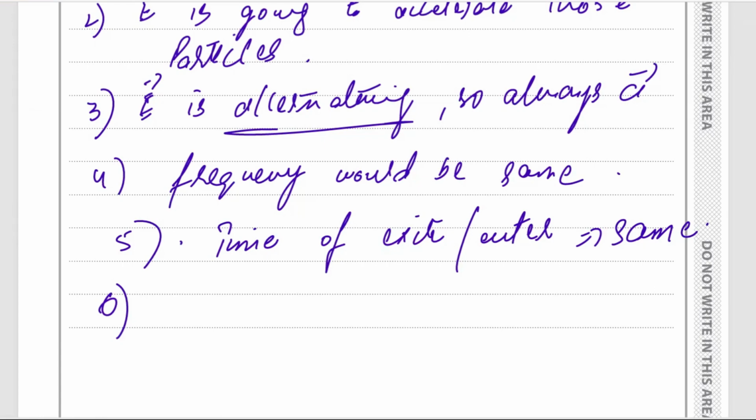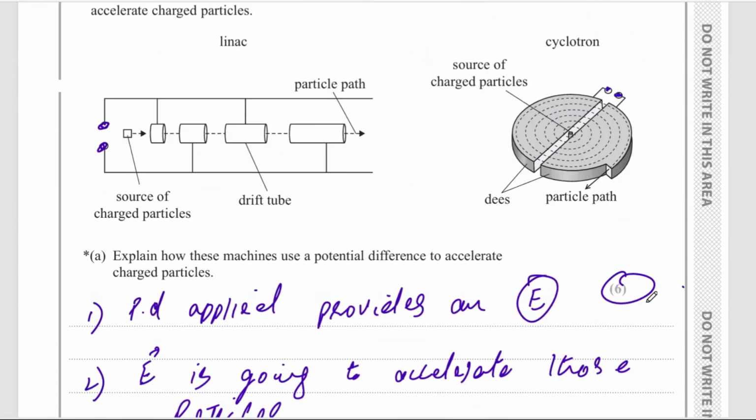That is where the electric field is applied. I've told you earlier on over here. So that is how you just need to mention. First of all, just tell them that there would be a potential difference that's going to give you an electric field. The electric field is going to get you some sort of a force. The force is going to get you some sort of an acceleration. And that is what they've been asking, right?